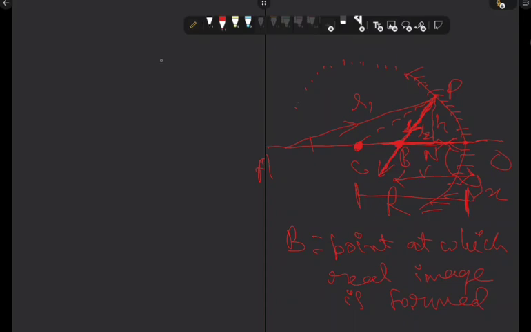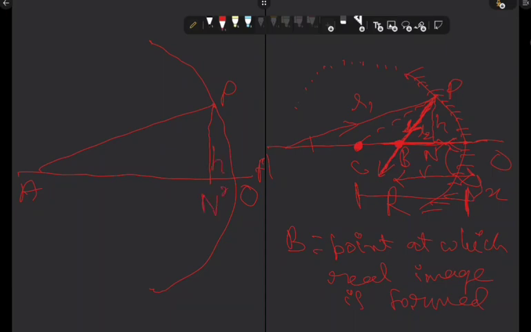Let us once again draw it properly in a big sized manner. This is your big mirror, this is your AO, this is your paraxial ray AP. This is your foot of perpendicular from P, which is equal to PN.